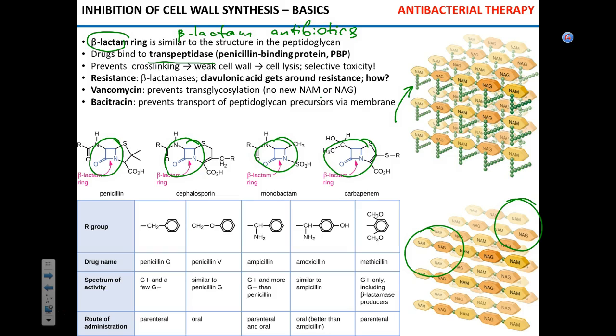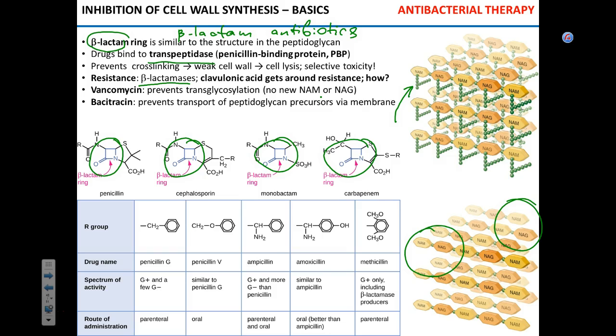Now, of course, microbes can develop resistance, and a lot of microbes now have the enzyme, or various types of enzyme, called beta-lactamase.